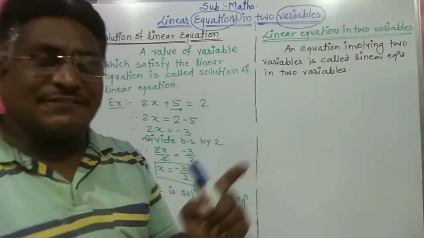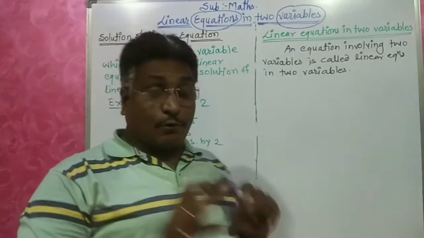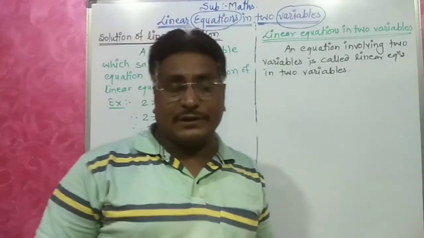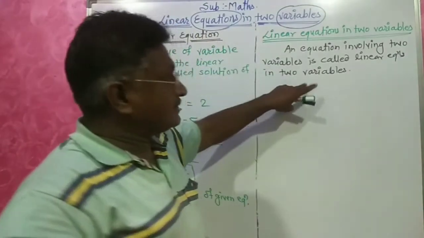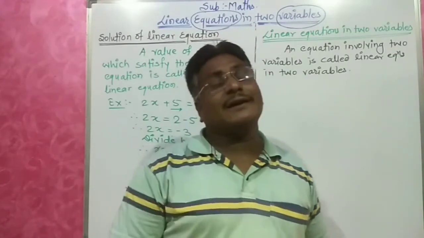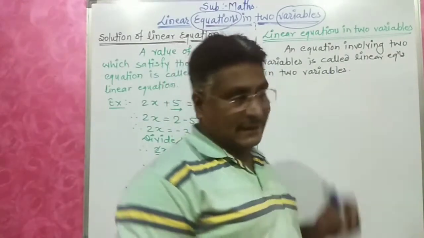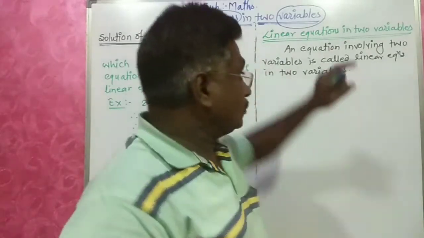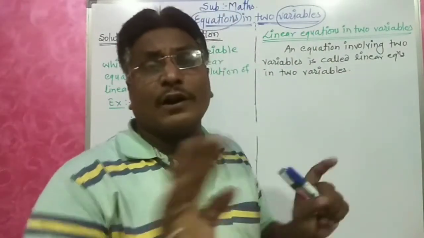This is the general definition for understanding what is the meaning of linear equation in two variables. For understanding, this definition is okay, but while writing the mathematical definition, we will not write like this. Okay, student? So this is the general definition for understanding.